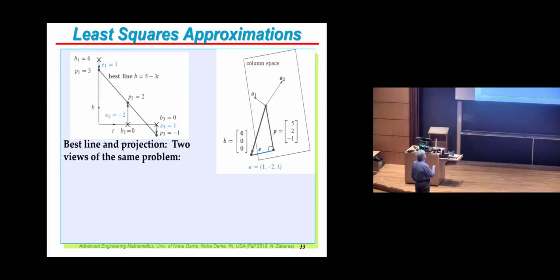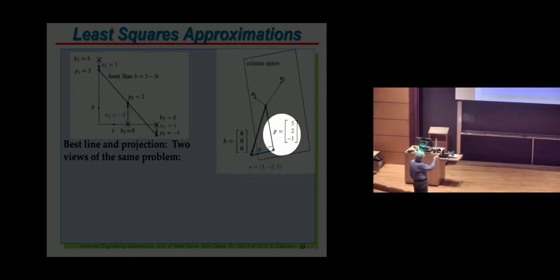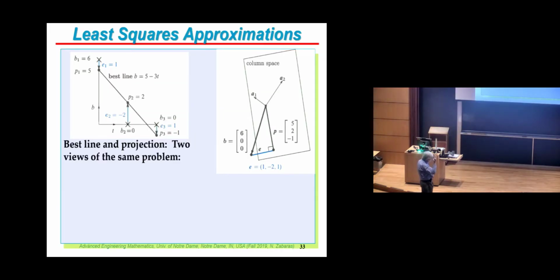Of course, because we are in the linear algebra part of the course, what is the view that I like? Obviously this one. Because I can visualize it in high dimensions. I can do anything I want to it, and the equation I can write down in one line. I don't have to write any errors. I don't have to take derivatives.